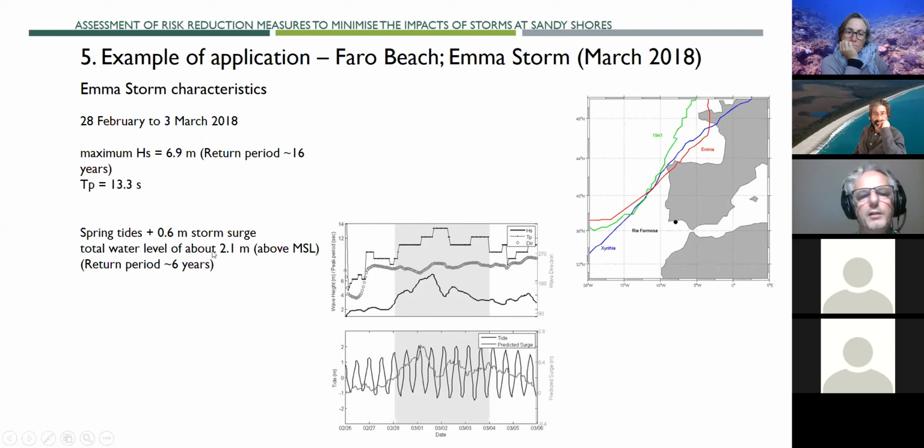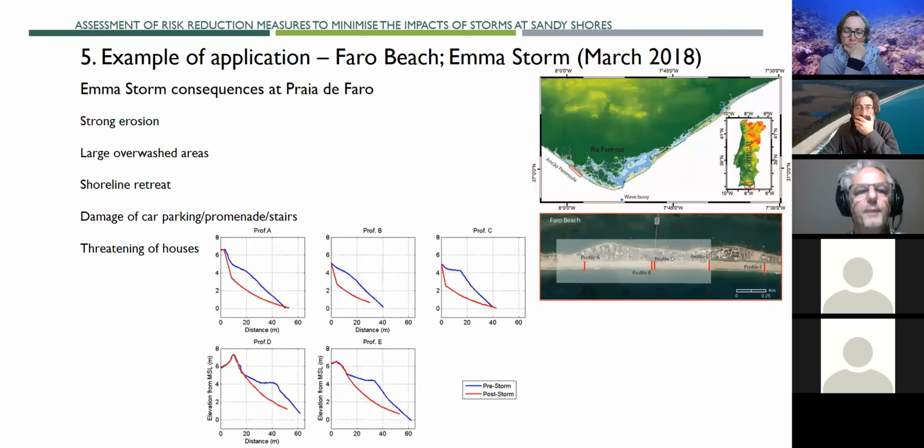So a total water level of 2.1 meters above mean sea level was reached, which also has a return period of 6 years just for the total water level. So I don't know what the combination of these two return periods is, but for sure it's more than 20 years, 25 years or something like that. So it was a relatively strong storm hitting the area.